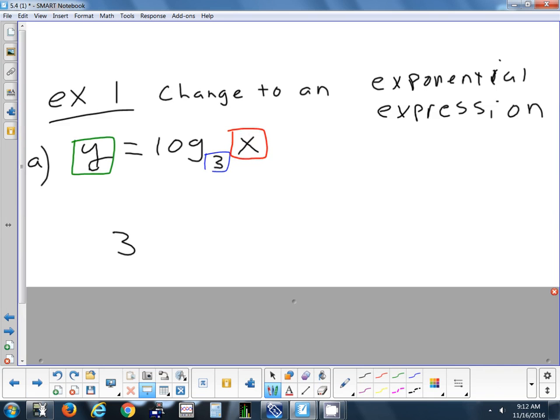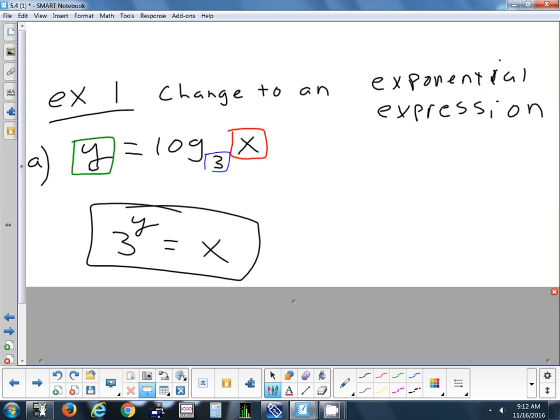And I said earlier, logarithm always equals what kind of number? Exponent. A logarithm is an exponent. So I use the y, I use the 3. What's the only thing I haven't used? X. That's how you change that equation from a log to an exponential.